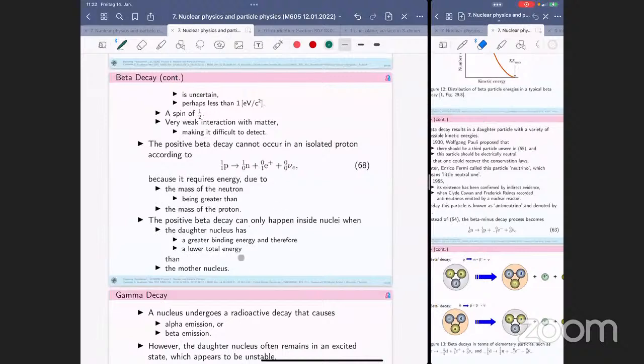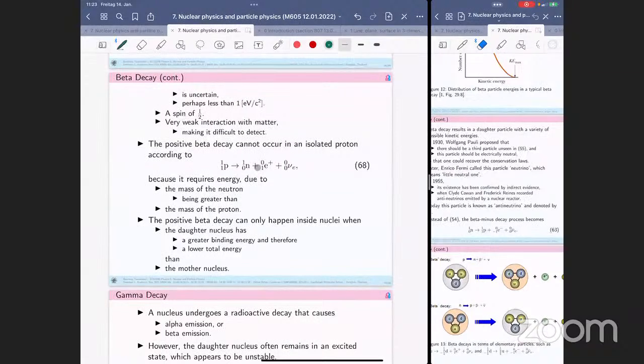Beta plus decay is a little bit complicated because the daughter nucleus should have more binding energy.